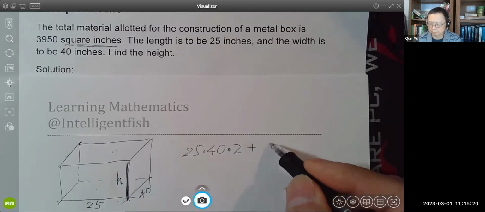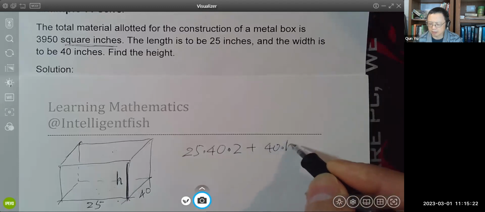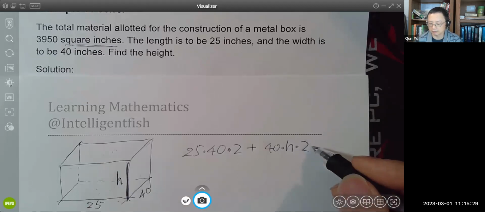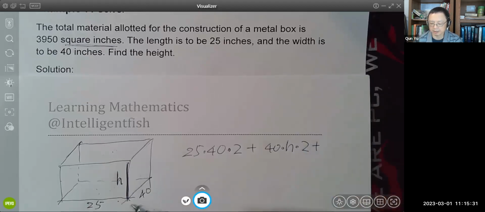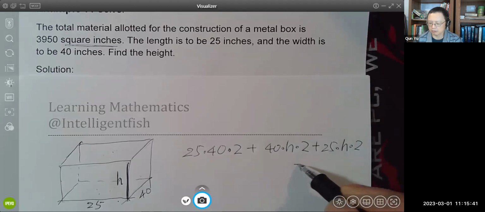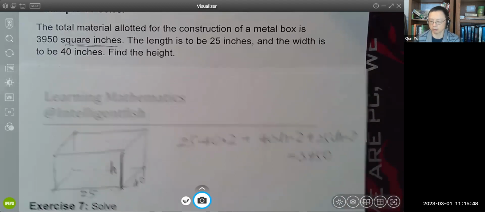So plus 40 times h, double that, since you have two sides. Now let's look at the front and the back. This is a rectangle. So 25 times h, double that. And this will equal the total surface area, 3950. So we get our equation.